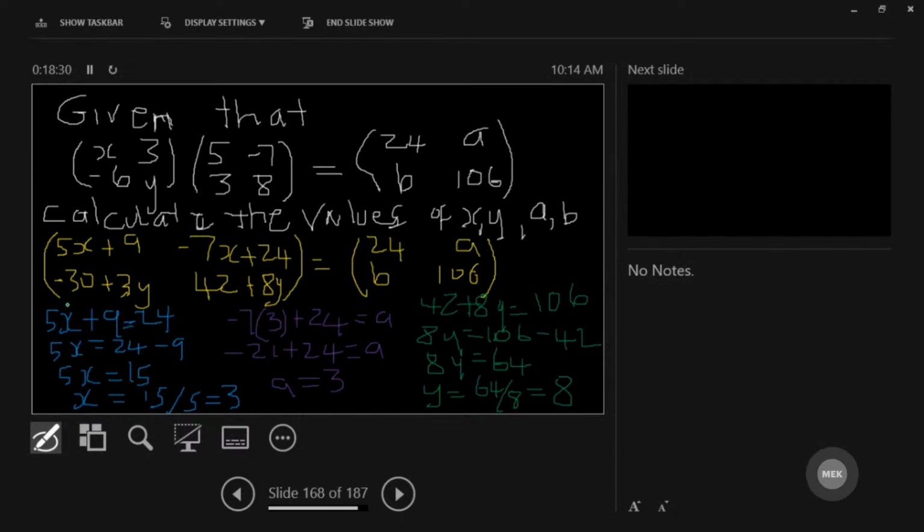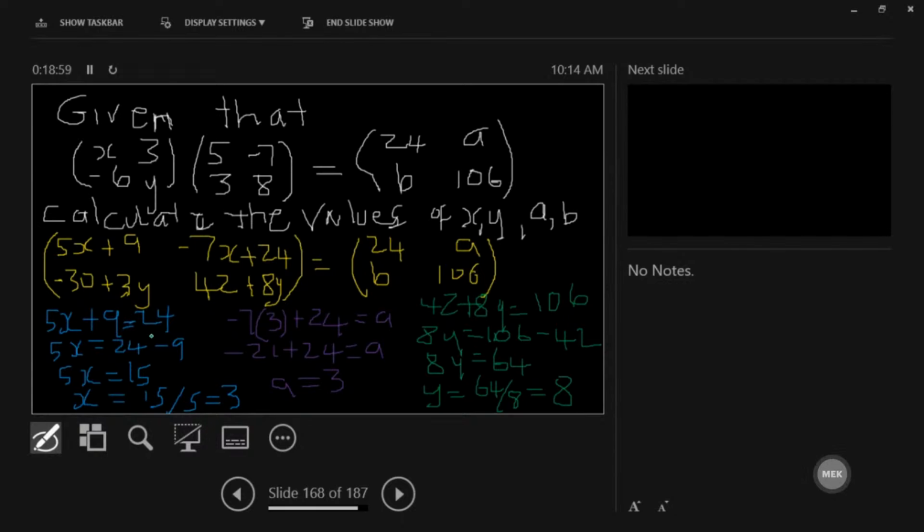And remember, we are told that this product is equal to this matrix. So we're equating them. So 5x plus 9 is equal to 24. Negative 7x plus 24 is equal to a. Negative 30 plus 3y is equal to b. 42 plus 8y is equal to 106. And we'll just use them one by one and find the unknowns.